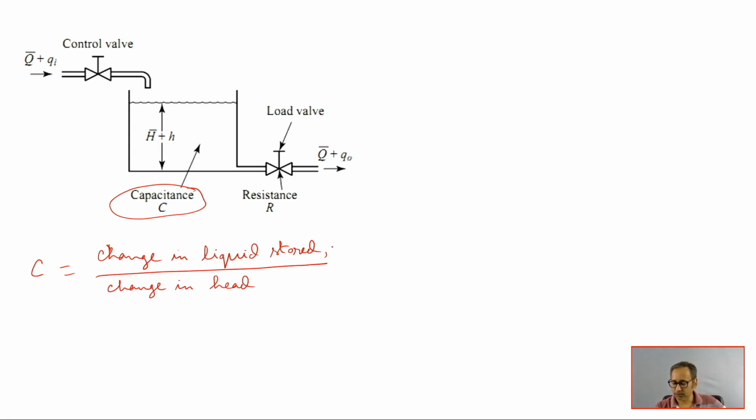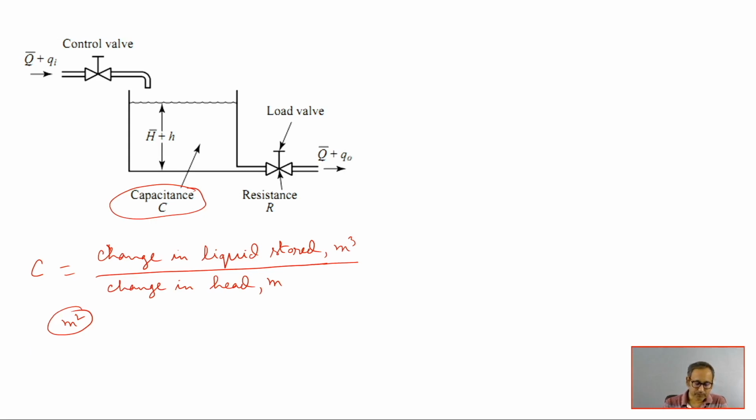Change in liquid stored is a volume, so it is in meter cube, and change in head is in meter in SI unit. That means the unit of capacitance is meter square, whereas capacity is meter cube. Capacity of this particular tank is in meter cube and capacitance is meter square.